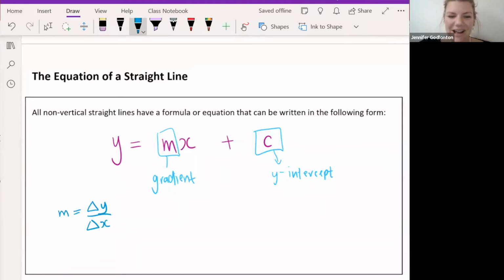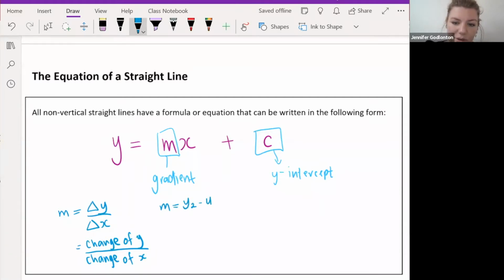It's a triangle Y and then a triangle X. But it's a shorthand way of writing the change of Y over the change of X. That little triangle tells us that we're talking about the change of something. But most of your schools, I think, would write it like this: y2 minus y1 over x2 minus x1.